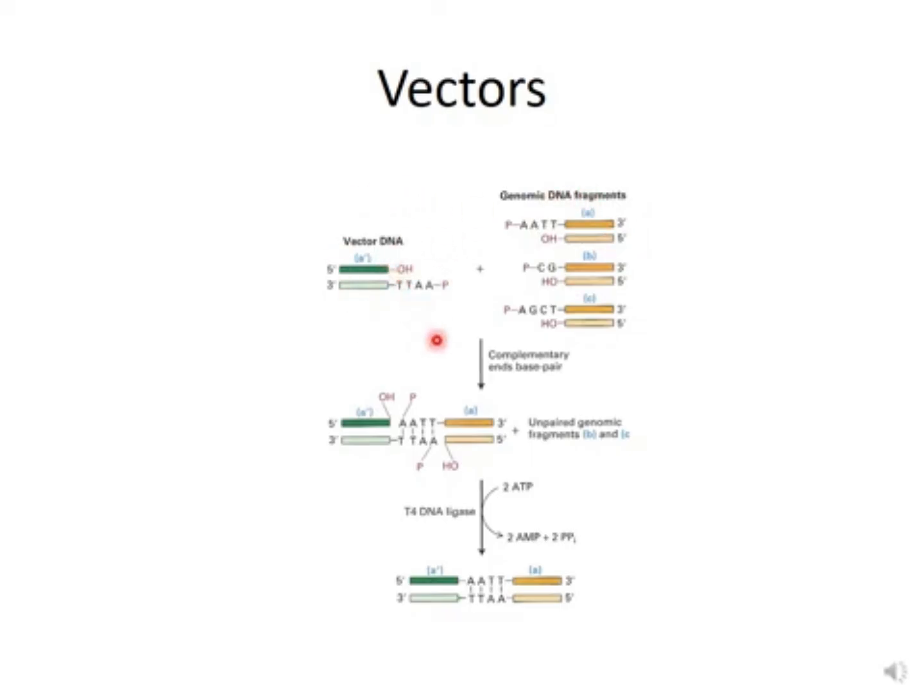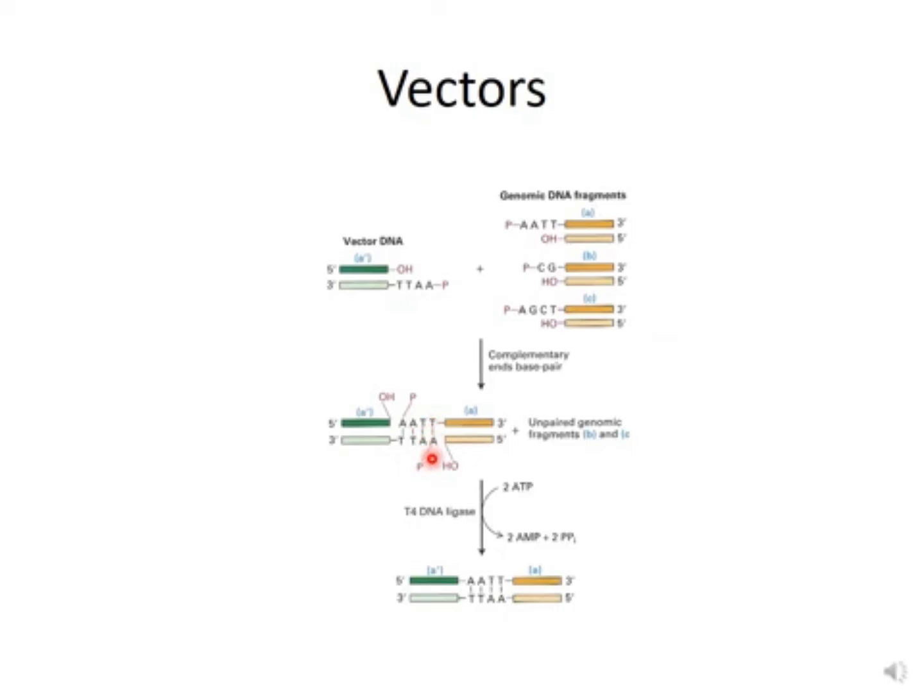So what we do is we cut both the DNA fragment and the vector DNA with the same restriction enzyme. This would result in sticky ends that complement one another. So once these two are mixed together in the same vial, they are going to naturally base pair. And once they base pair, as you know, base pairing is a secondary bond. It's not a permanent bond.